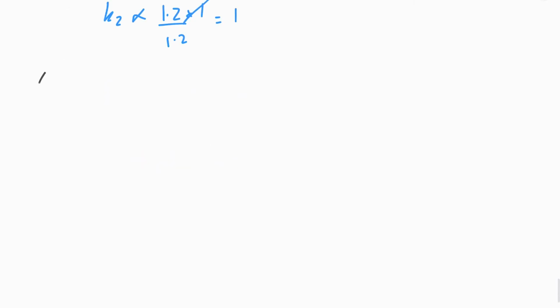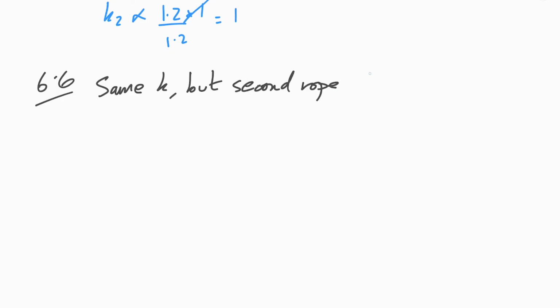Dumb question. 6.6. Deduce whether the buoy's maximum velocity is increased when using the second rope. Okay, so they have the same K, but the second rope has a longer original length.